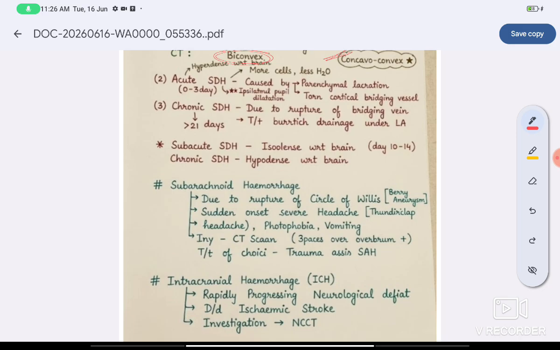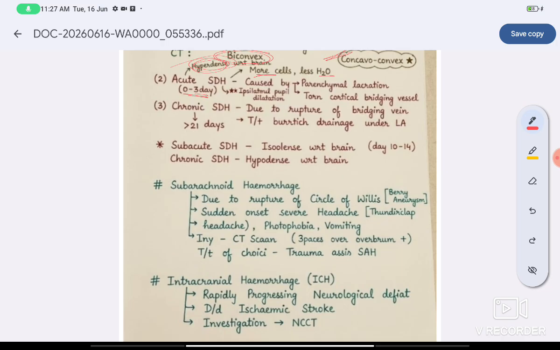Now coming to types of SDH, it may be acute or chronic. Acute occurs in 0 to 3 days. It is hyperdense with respect to brain. What do you mean by hyperdense? In CT scan there are two terms, hyperdense and hypodense. Hypodense means it appears less blackish in color. Hyperdense means it appears more whitish in color. Then in SDH there are more cells, less water.